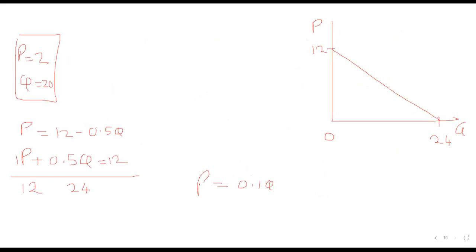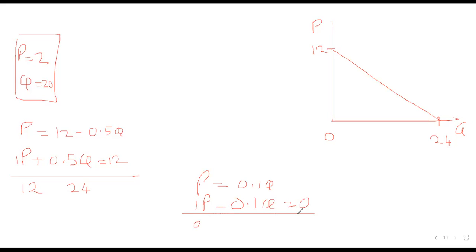This one is tricky, but I explained it. Anyone who remembers? I can try. So we are going to put the like items together, the letters. So it is going to be P minus 0.1 Q is equal to 0. Good. Then 1 into 0 is 0.